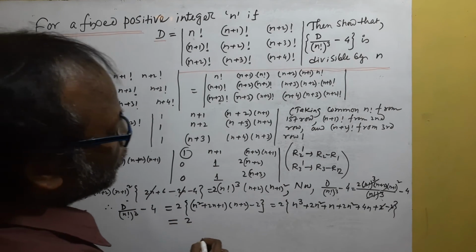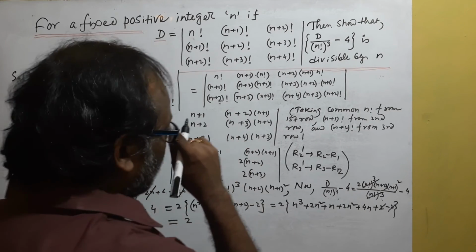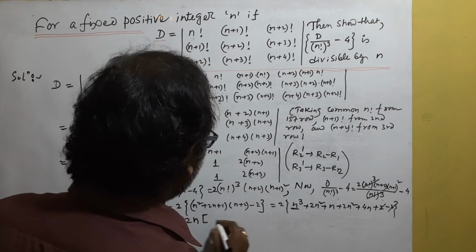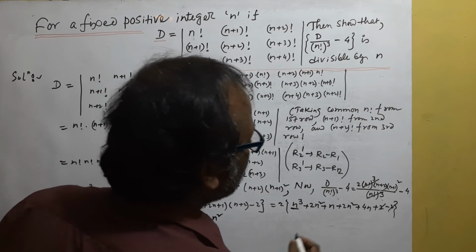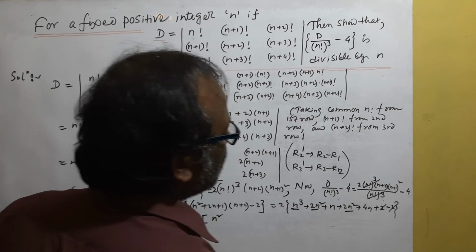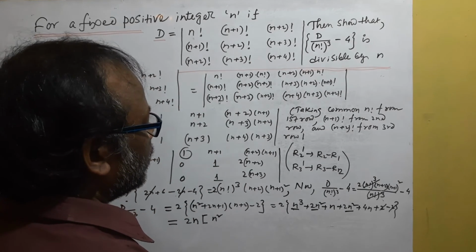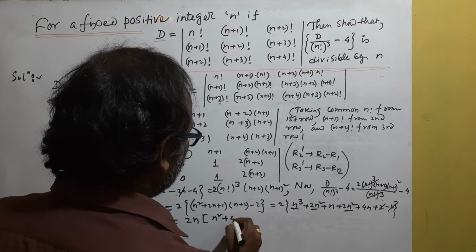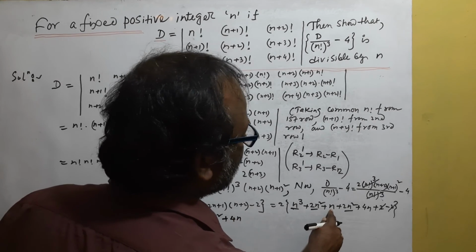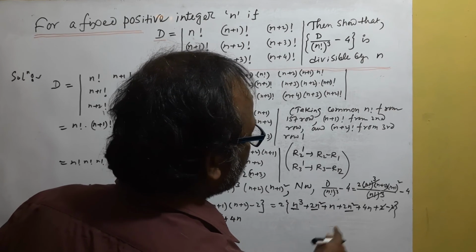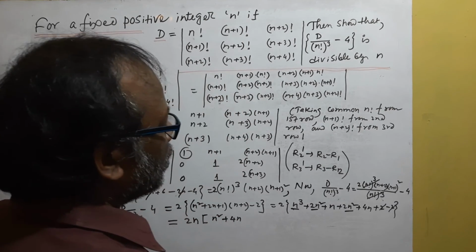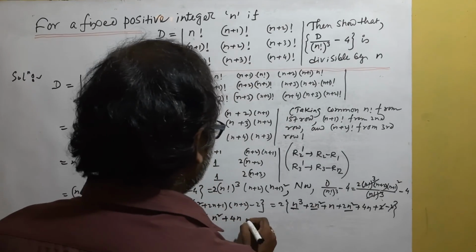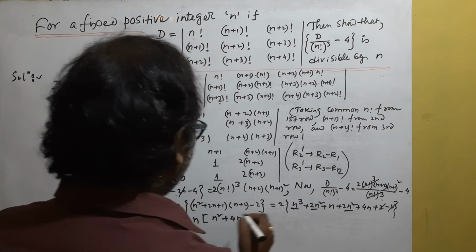So therefore 2 into, we take common n here. So n cube means n square, and here is 4n square, so this is 4n square, and this is 5n, this is 5.